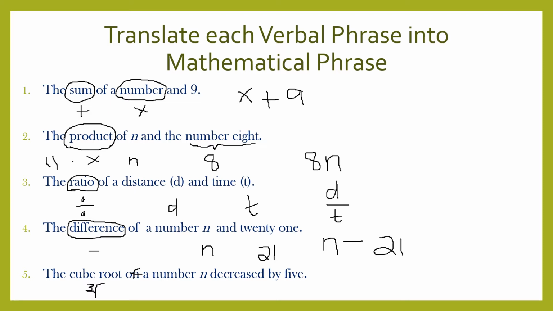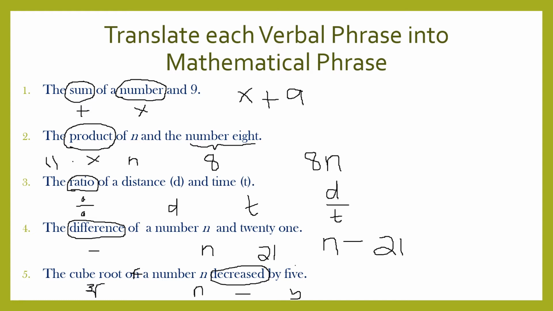Next, number n. When we say decreased, that symbolizes what operation? That symbolizes subtraction. So we need to minus by 5.